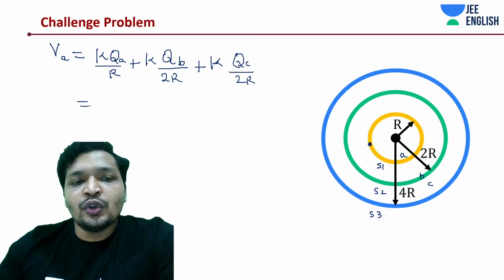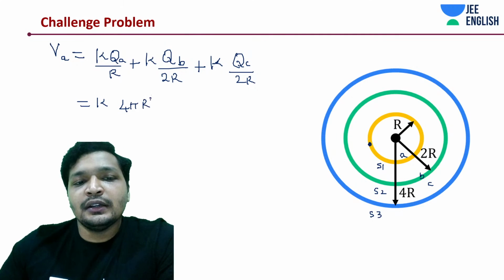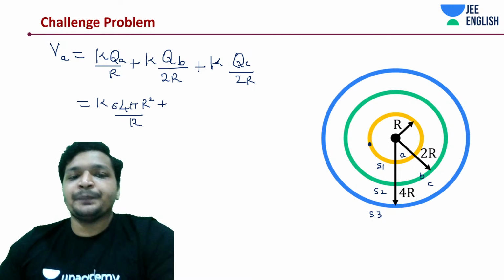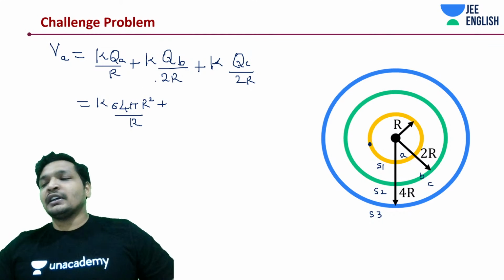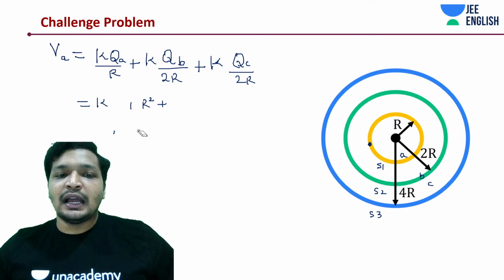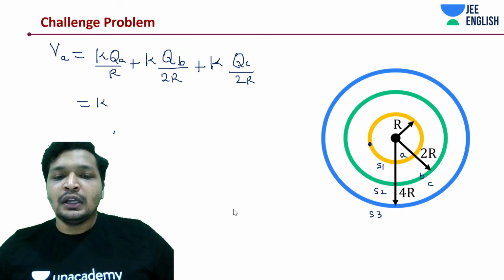So QA, what is it? 4 pi R square and then divided by R into sigma. Okay, so if you notice everywhere there will be a sigma. So what I'm going to do is, simply before we get started, I'm going to take out the sigma common. Okay, I'll write down for 1 and then I'll take it out as common by erasing it.